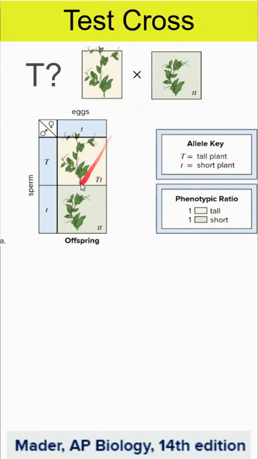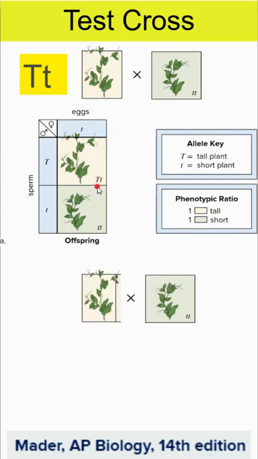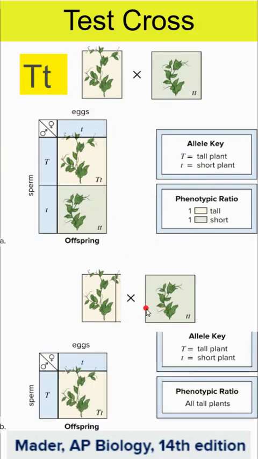If you cross them and get a 50-50 split in the next generation, where half are tall and half are short, you know that original one had to be big T, little t, because the only way to get small offspring is if this plant was a carrier. In a similar situation, if you did a test cross and ended up with all tall, you knew that tall plant had to have the homozygous dominant genotype.